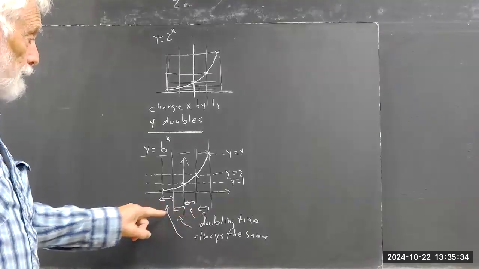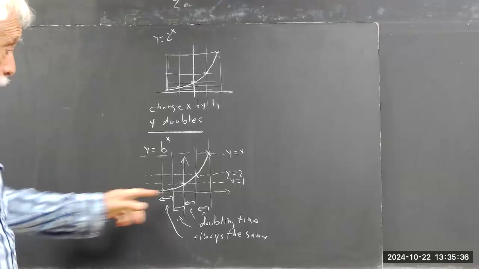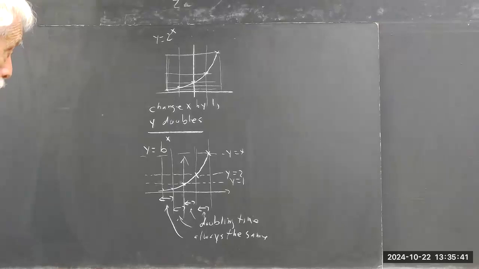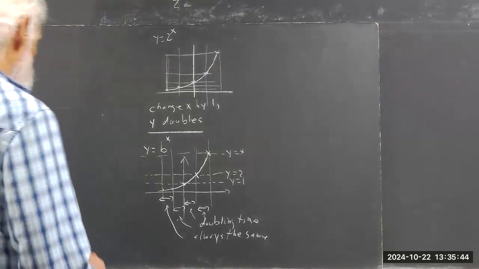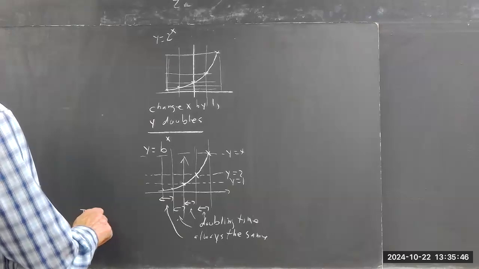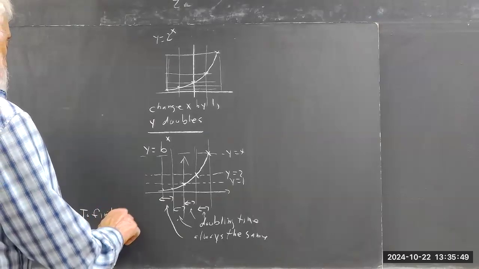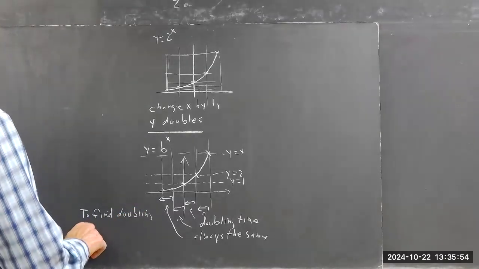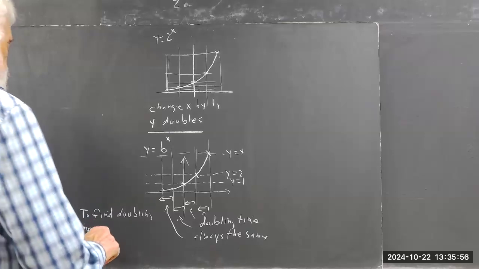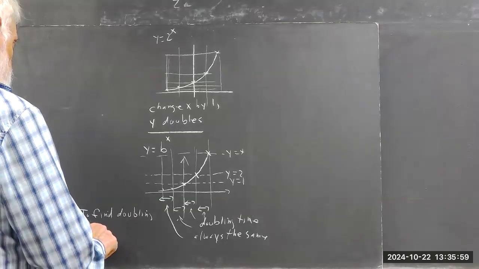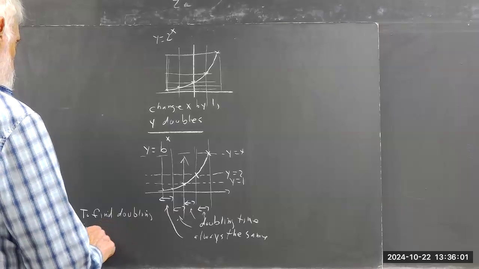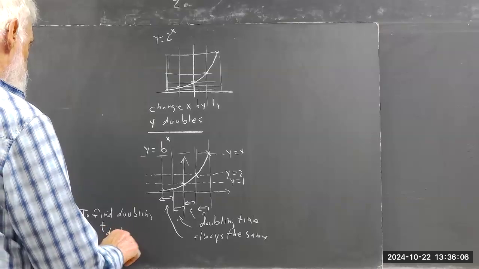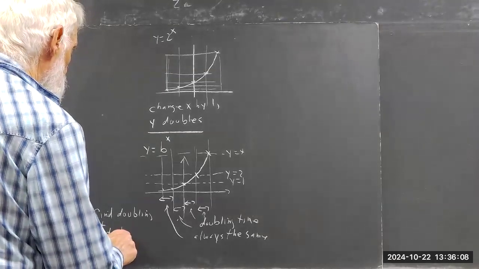And if you can figure out what the doubling time is, then you know how to label your x-axis. Find the doubling time. It's T dub, D-O-U-B.